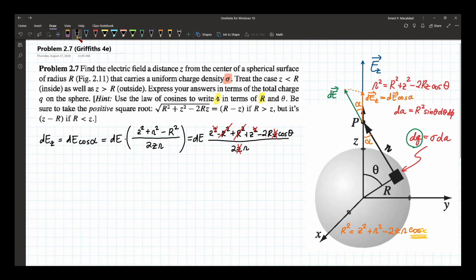So in other words, this will now be equal to dE times z minus R cosine theta divided by script r.